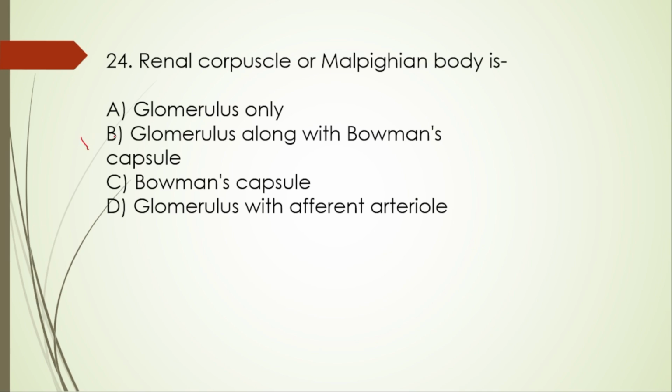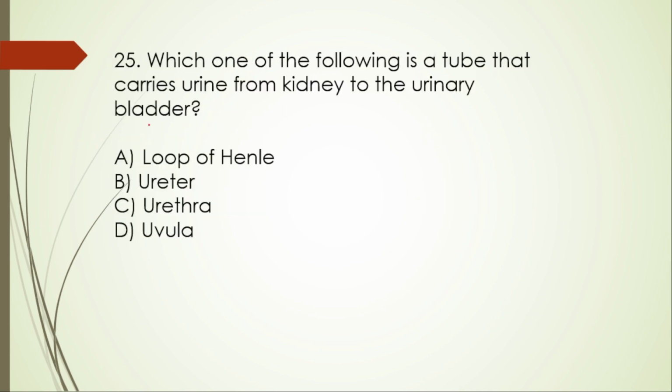So here the right option is B. Next, 25th one. Which one of the following is a tube that carries urine from the kidney to the urinary bladder? A. Loop of Henle, B. Ureter, C. Urethra, D. Ulna. So here the right option is ureter.